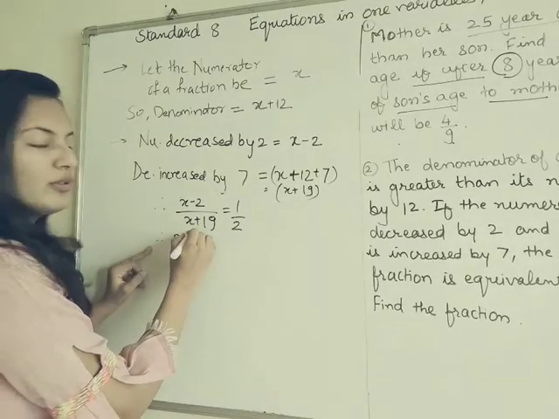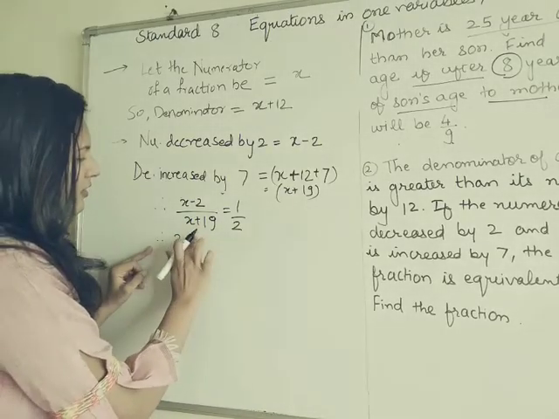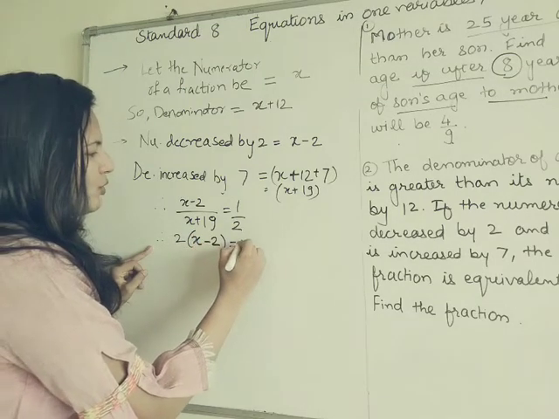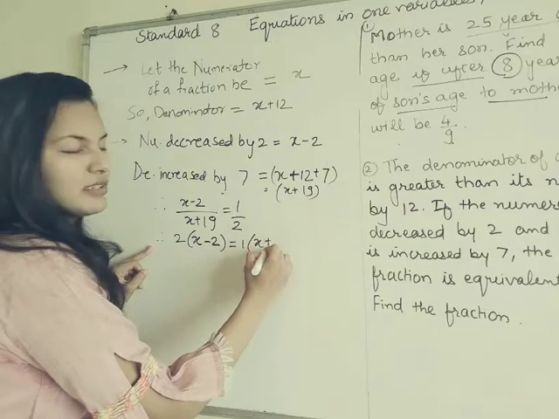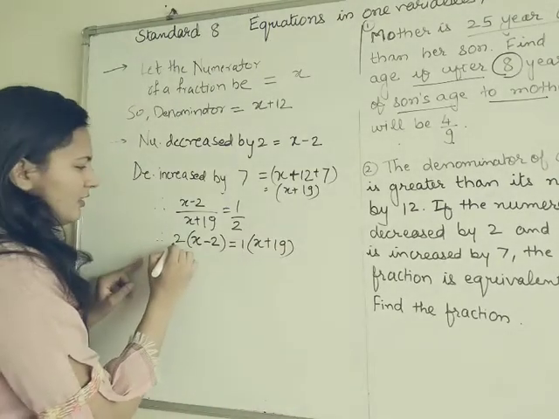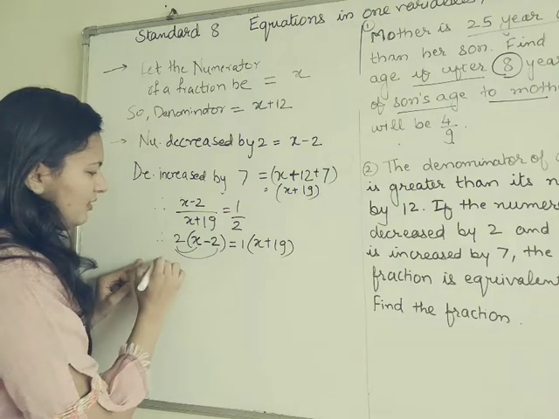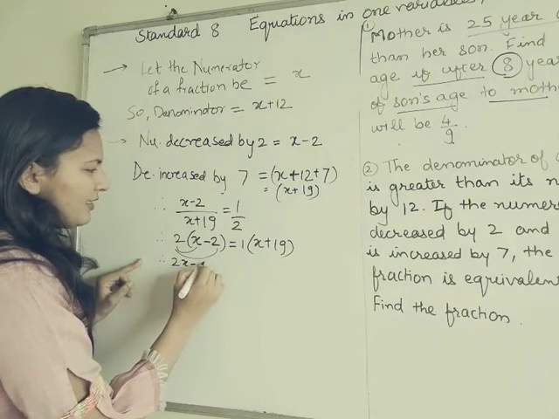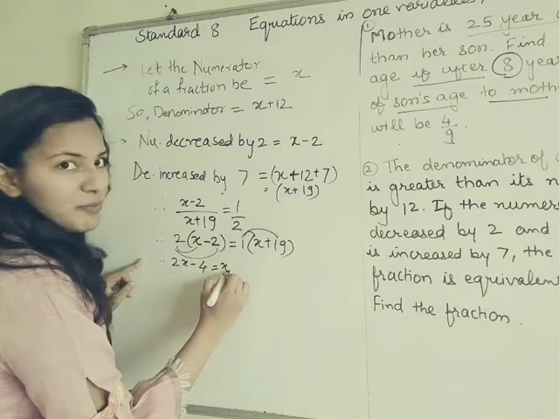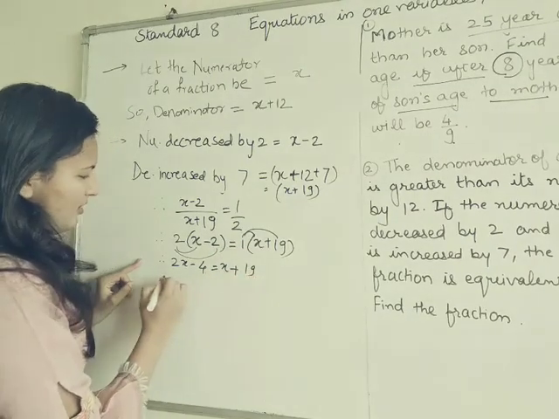So 2 into x minus 2 is equal to 1 into x plus 19. Solving the brackets again, it will be 2x minus 4 is equal to x plus 19.